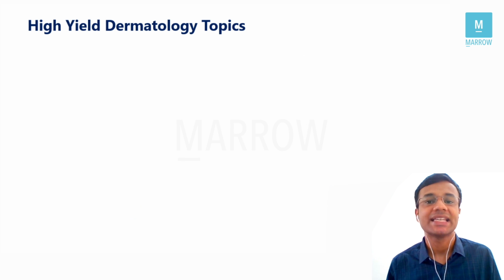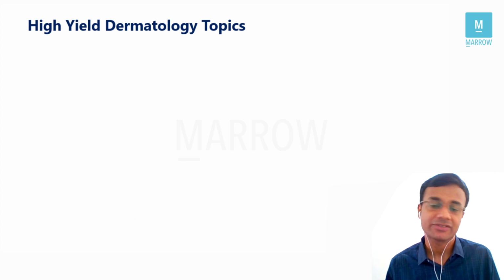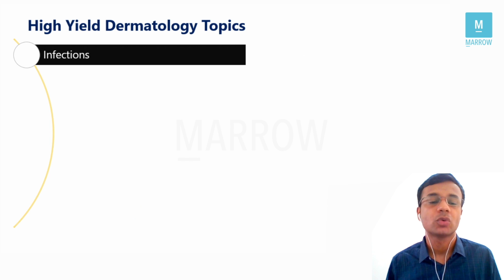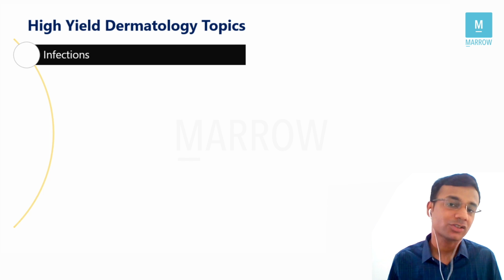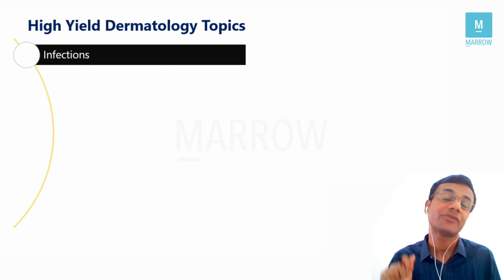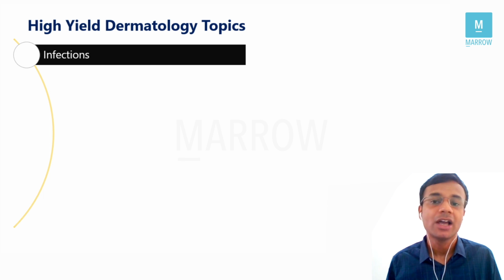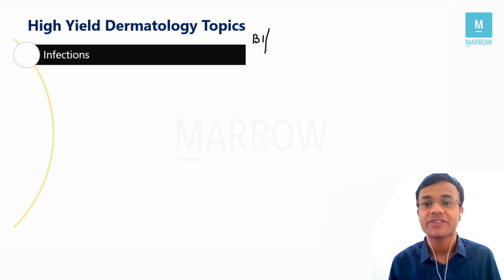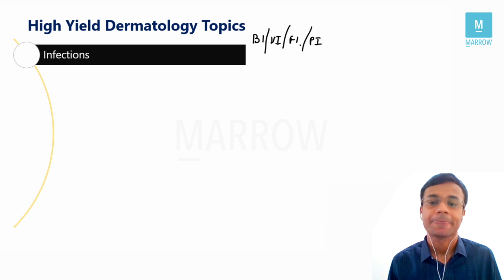Now, just to summarize the important high yield topics in dermatology, which I've already discussed previously as well. So, infections is very important. So, integrate it with microbiology. Don't run away from micro because micro is going to fetch you a lot of marks in the exam. So, usually there is one question from bacterial infections, viral infections, fungal infections, parasitic infections. Nowadays fungal infections are very important.